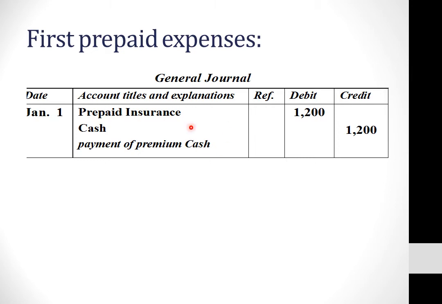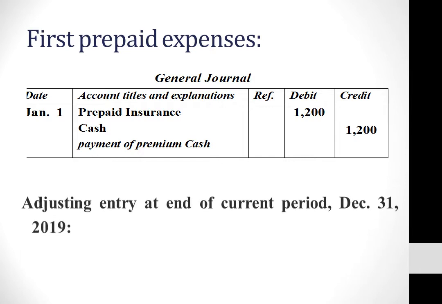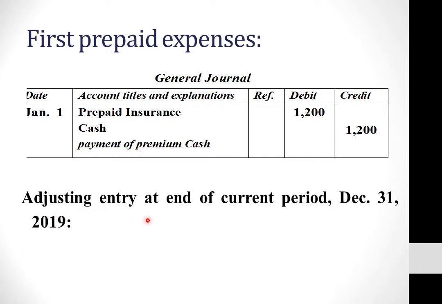So how about at the end of the year, when we need to prepare the financial statements? We need an adjusting entry at December 31, 2019, after we have done the journal entry and posted it to ledger and prepared the unadjusted trial balance.